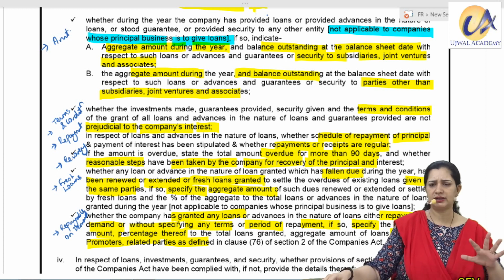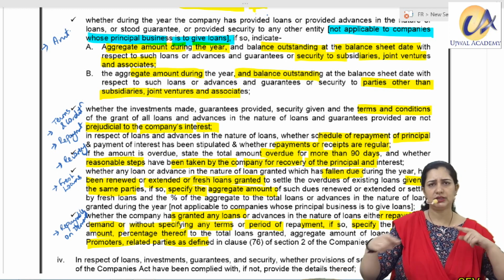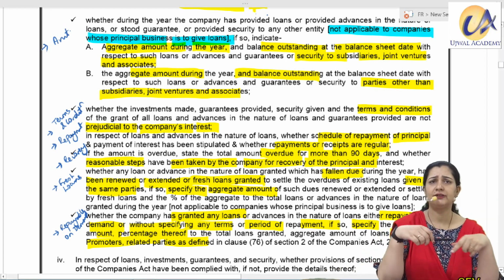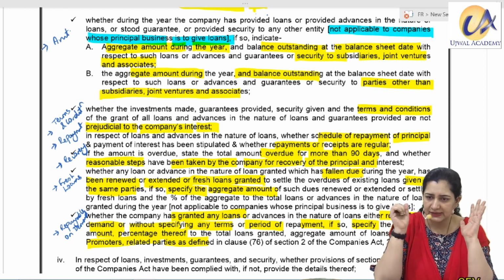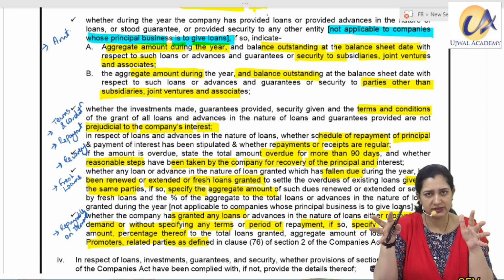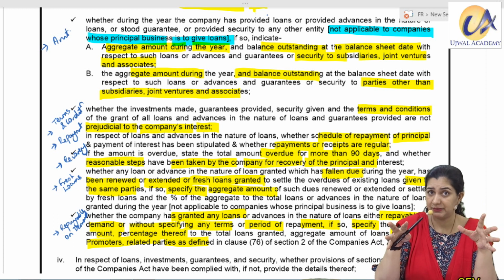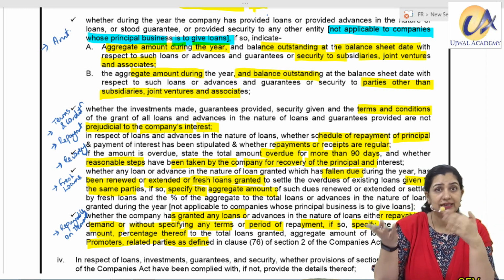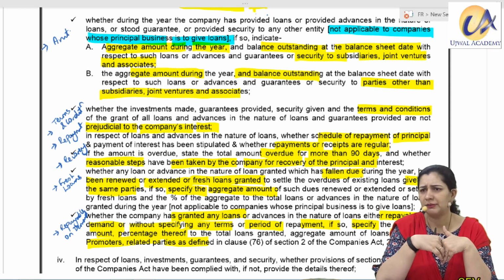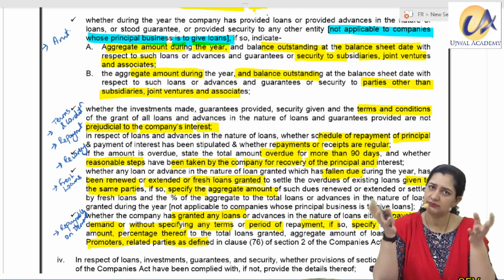In simple words, what are the 6 points we have here? Loan given by the company, advances given, investment done, or guarantee given. Anything. Is it given? Give the amounts first. See if the terms are prejudicial or not, meaning hampering the company. Then, is the repayment coming in time? If not coming in time, overdue for more than 90 days, then give that.